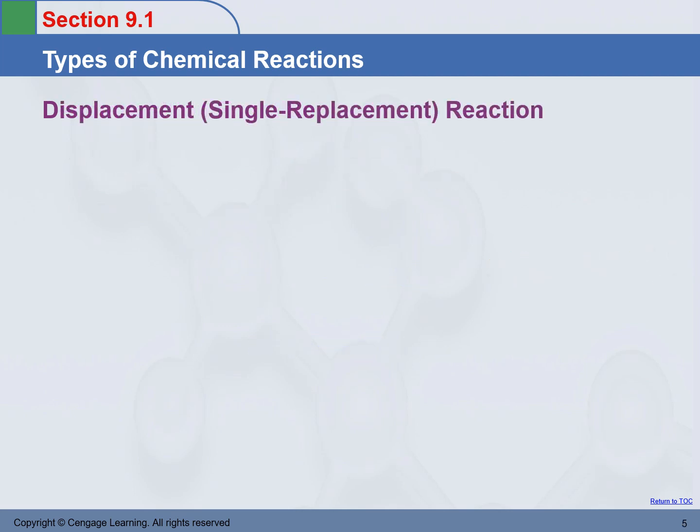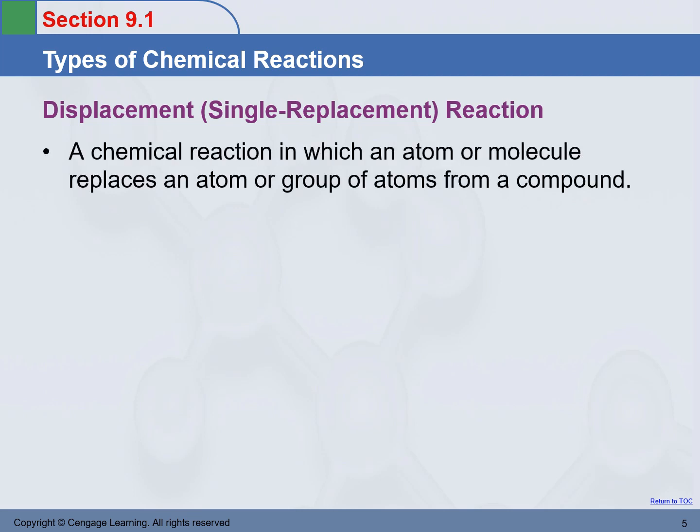Displacement reaction, which is also called single replacement reaction, is a chemical reaction in which one atom or molecule replaces another atom or group of atoms from another compound. Like this, substance X reacts with a compound in which you have Y and Z combined.